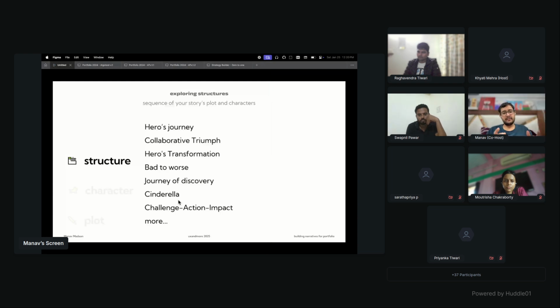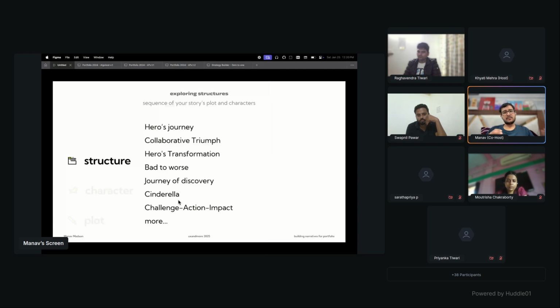Second is called collaborative triumph. I think Avengers is a very good example of collaborative triumph, where different characters and plots combine together to achieve one central goal, right? Then there is something called hero's transformation, right? This can be similar to hero's journey, but this can be different, as in there is a character who's very, वो बहुत ही लालची है, right?